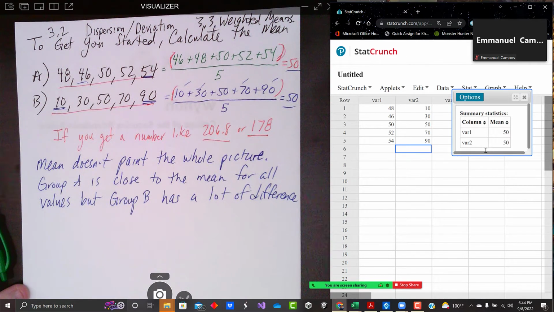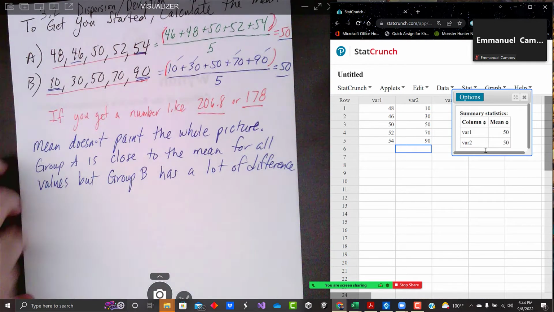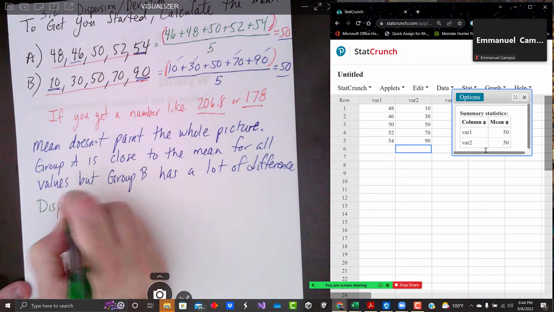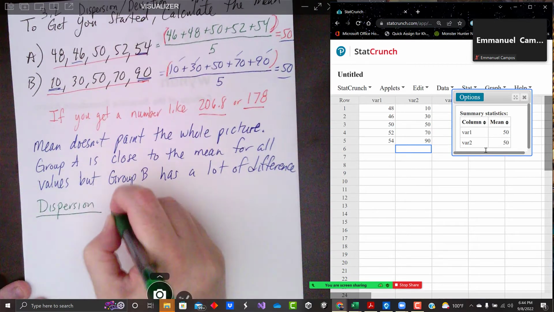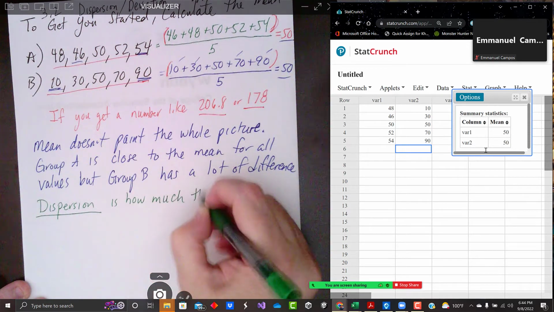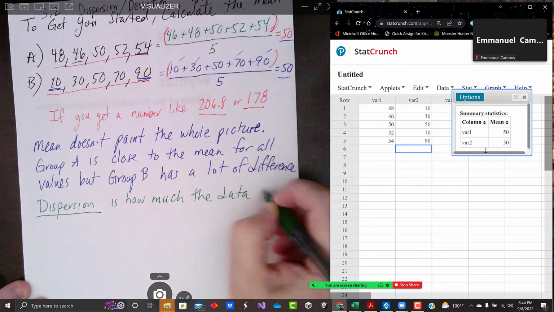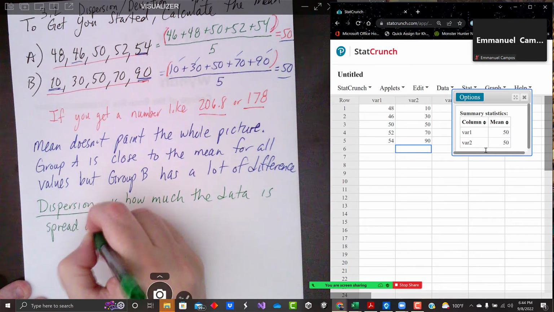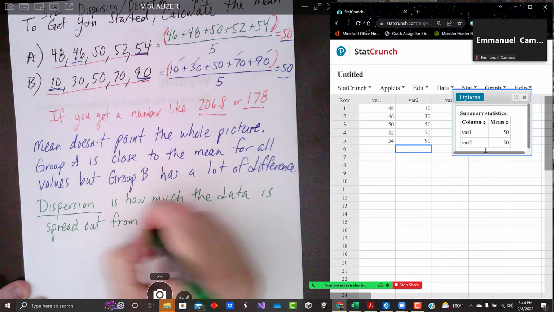So this is where we discuss dispersion. Dispersion is how much the data is spread out from the mean.